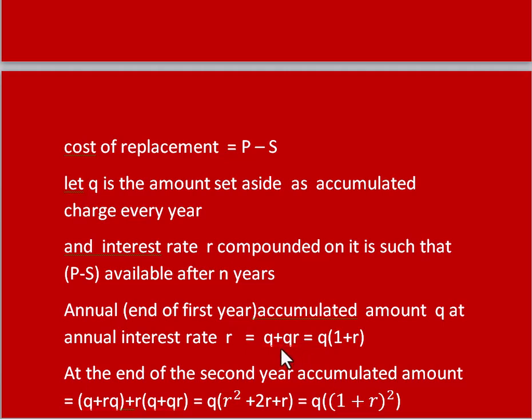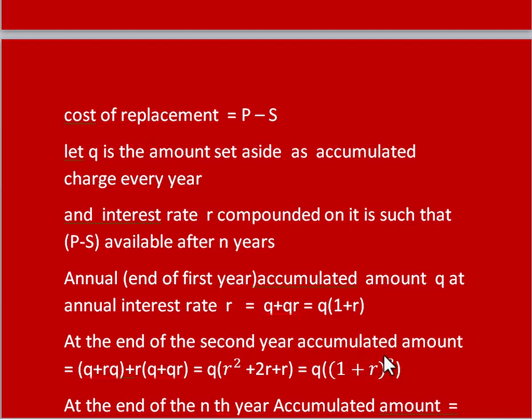Q is the principal amount and r is the rate of interest, so Q plus Qr, or in other words, taking Q as common, Q into 1 plus r. This is the accumulated amount at the end of the year.